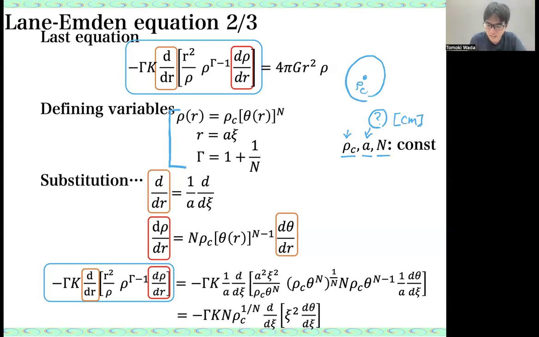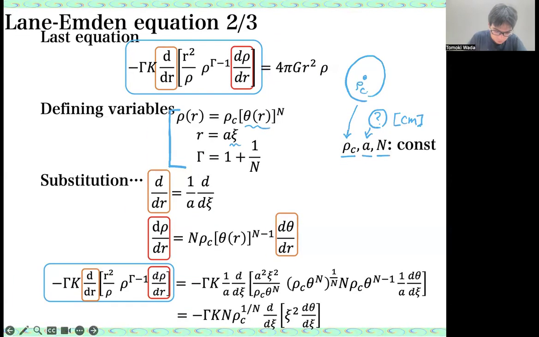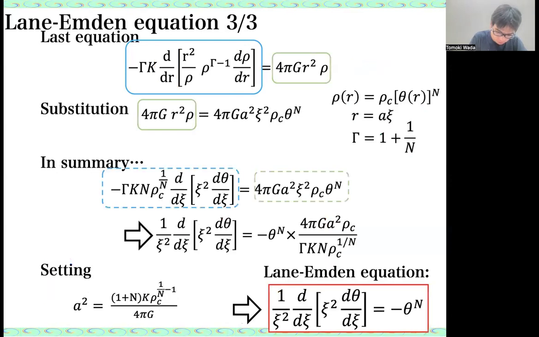So a is a length and rho is a density. Using this rho_c and a, this xi and theta are dimensionless. And let's substitute these variables into this equation.